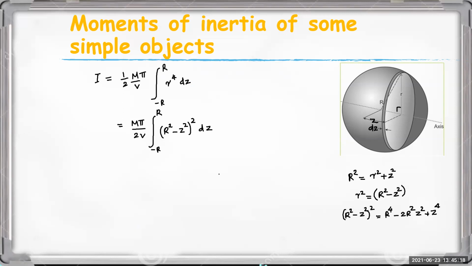Then it is equal to m divided by 2V integral from minus R to R, and in brackets I write the expanded term R raised to 4 minus 2R square z square plus z raised to 4, dz. Here m pi by 2V.